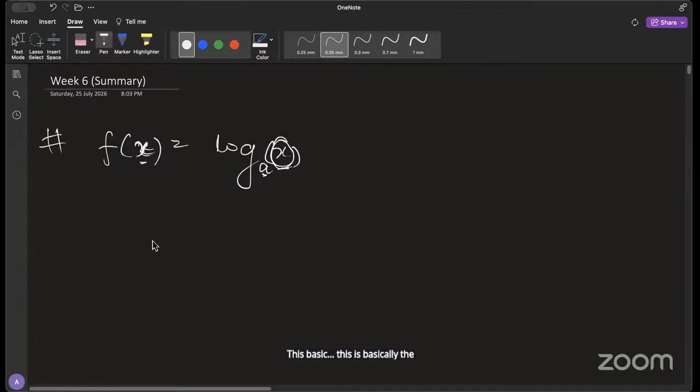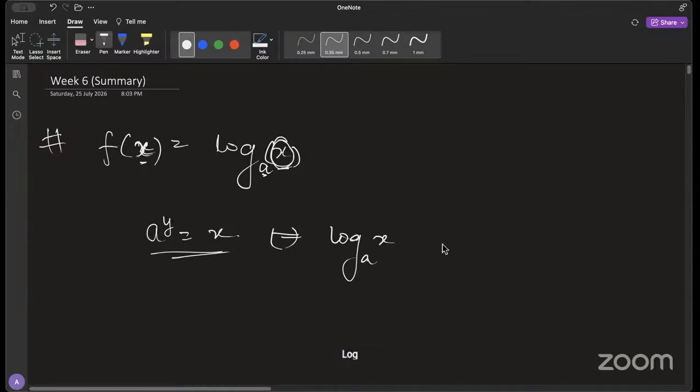And what does this function mean? It's basically the same thing as saying a to the power y is equal to x. If this is the case, I can write it as log base a of x is equal to y.